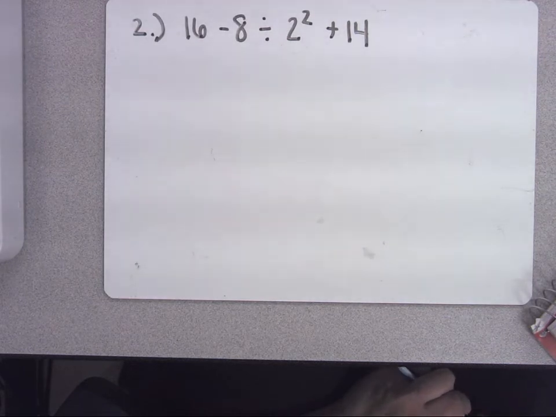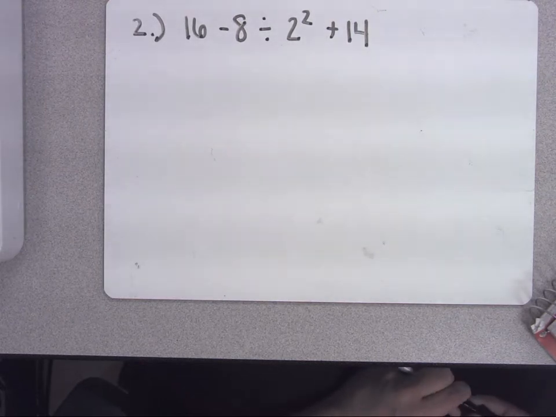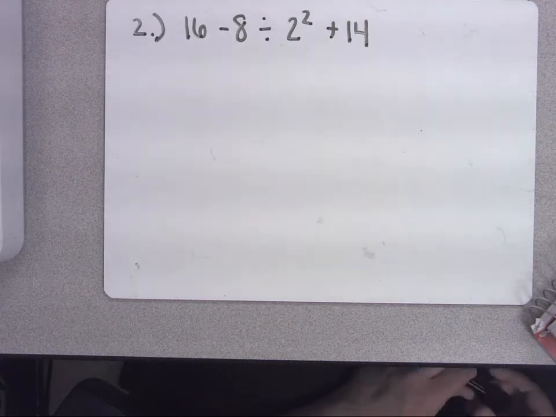Yes. We'll do it on your paper. I was going to let you guys do this on your paper and then see if you got the right answer. We're not doing it on the board yet. We're not there yet.